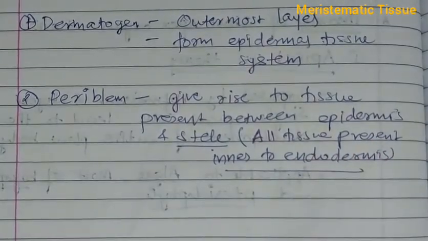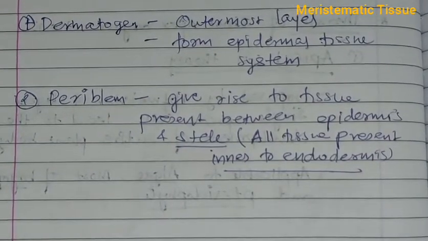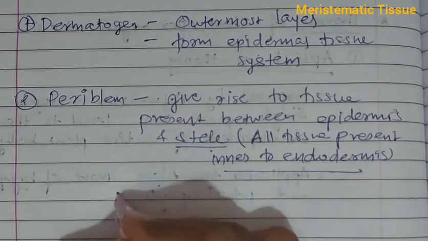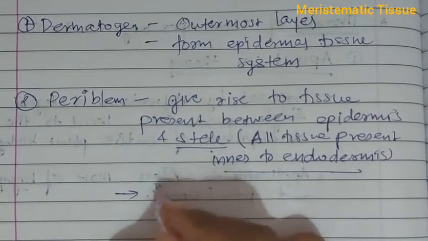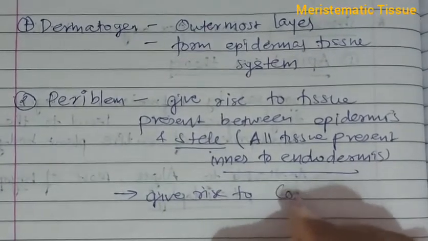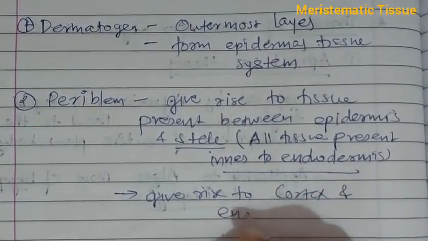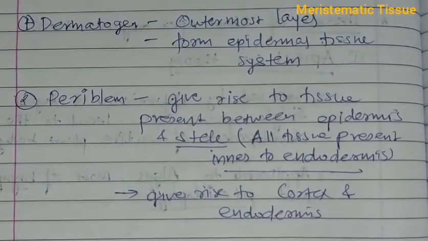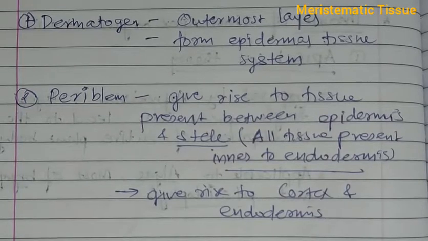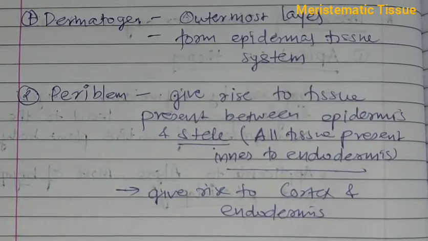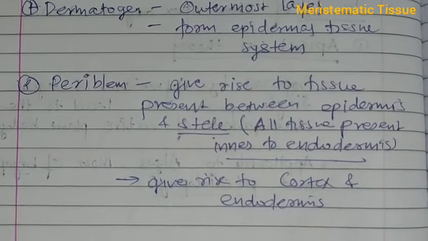All the tissue present inner to endodermis is known as stele. So we can say between the endodermis and epidermis whatever is present, that is periblem. Periblem gives rise to cortex and endodermis, because outermost is epidermis, inner to that you will find the cortex, inner to cortex you will find endodermis, and inner to endodermis you will find this particular stele. So endodermis and cortex arise from the periblem.